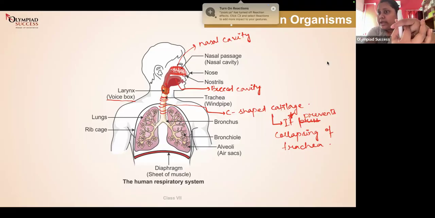We don't want that. You will then choke and die. But if there is something that holds the two walls, the walls will never stick to each other. That is collapsing. So the C-shaped cartilaginous rings do not allow the two walls to meet. They always keep them apart so that your passage is always clear.